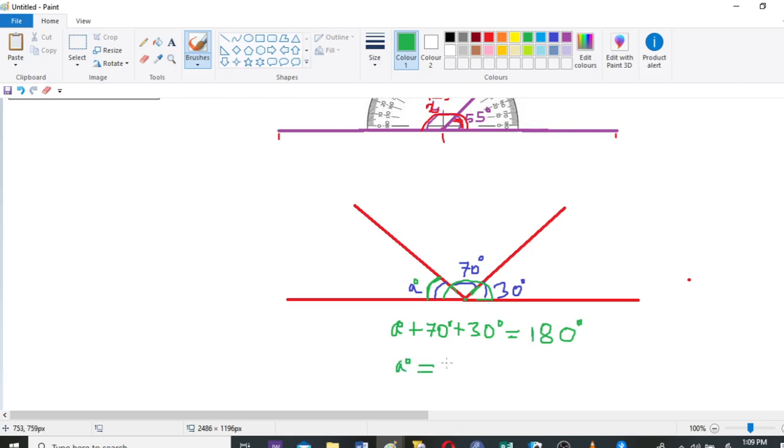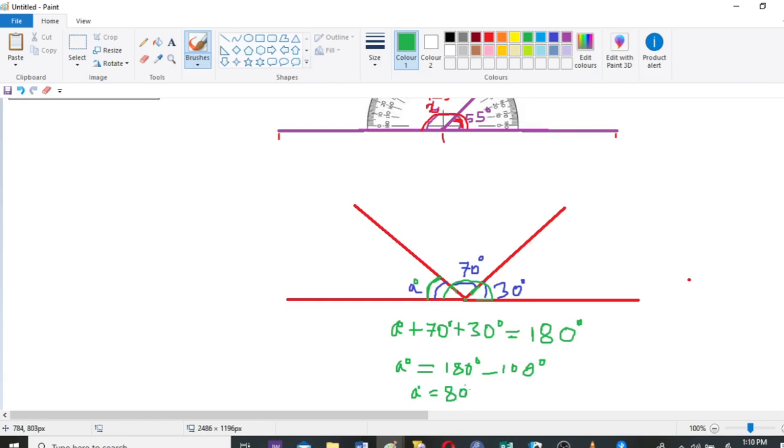Now what are we going to get as the value of A? You collect like terms there. So you have your 180 degrees minus what you've been given, which when you add 70 plus 30, you are going to get 100 degrees. So the size of this angle A will be 80 degrees.